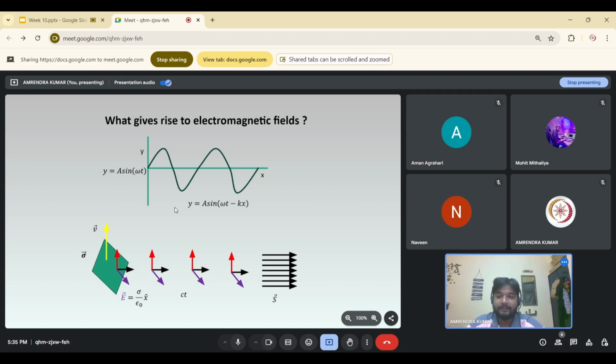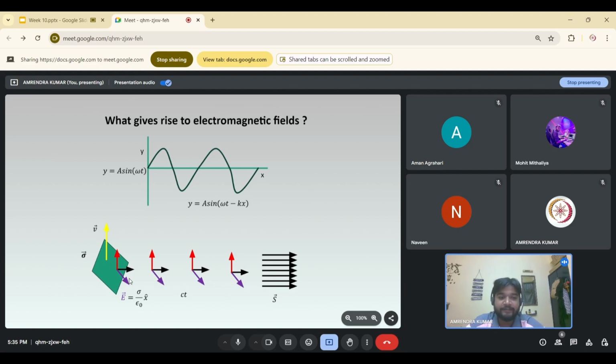Let's say you consider some square type of surface, a Gaussian surface, on the charged plate. If you move this sigma, the charge density will change spatially, because before it was uniform, but after moving, let's say half of that Gaussian surface is covered and half is not.